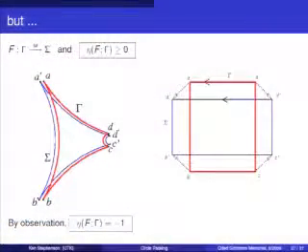And it's very quick to see that the index is -1. Just go around here. A has to go to A prime, B has to go to B prime, C has to go to C prime, and D has to go to D prime. So it's a negative winding, and we're done. Competing packing fails, and we have uniqueness.